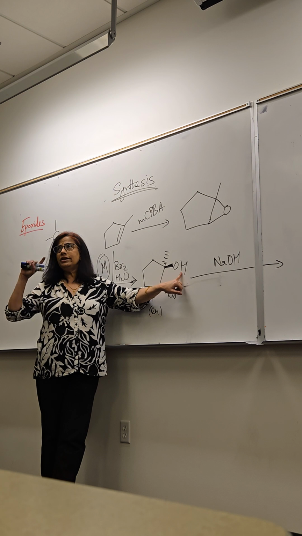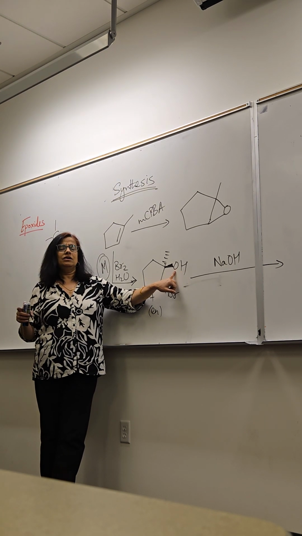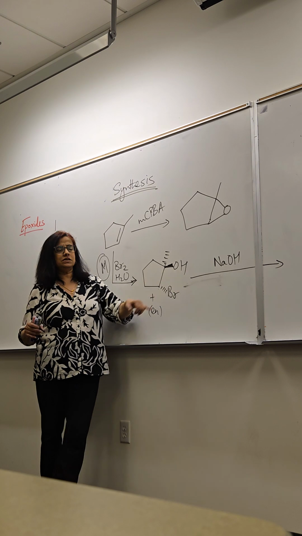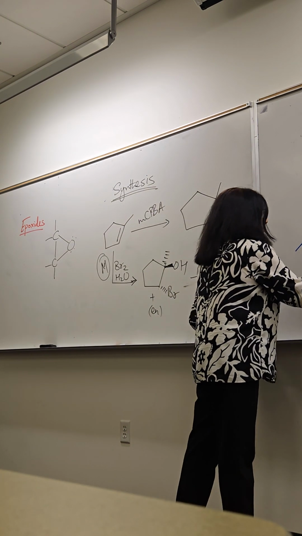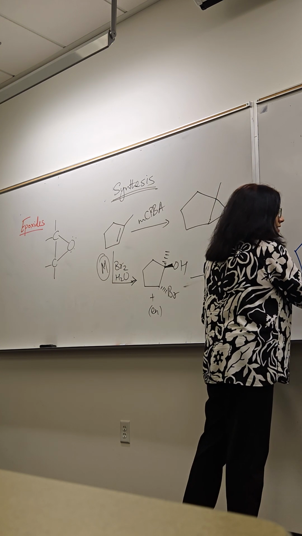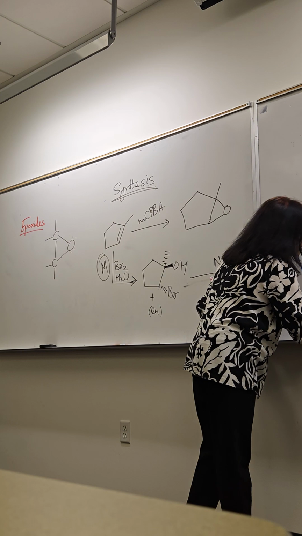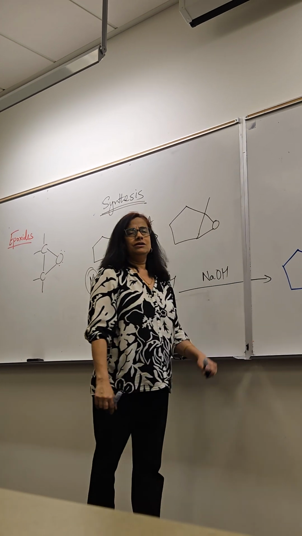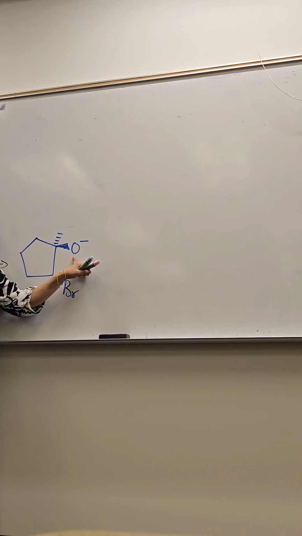If OH loses a proton, it becomes O minus, an alkoxide, which will want to make a second bond. If O minus is here and Br is on a dash, is it electron rich or electron poor?